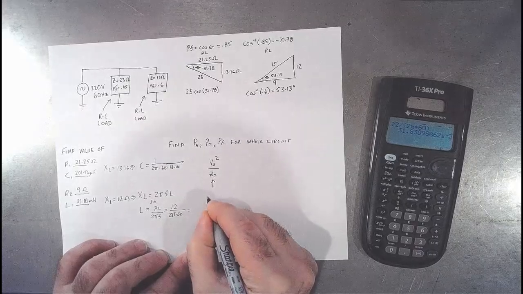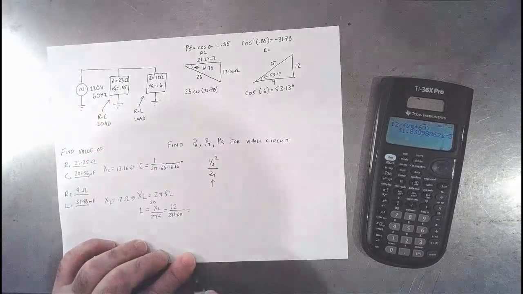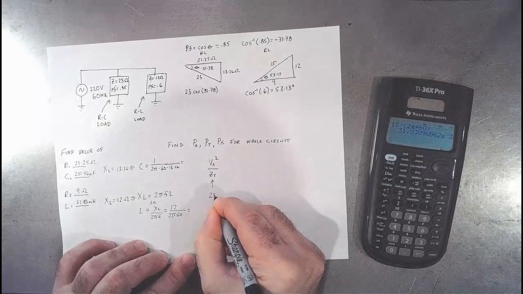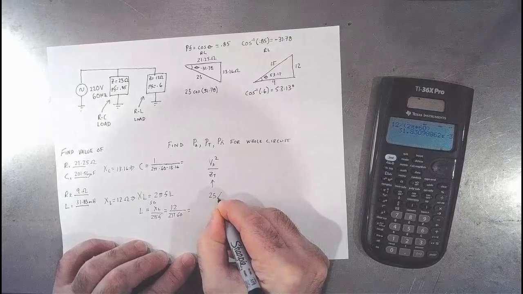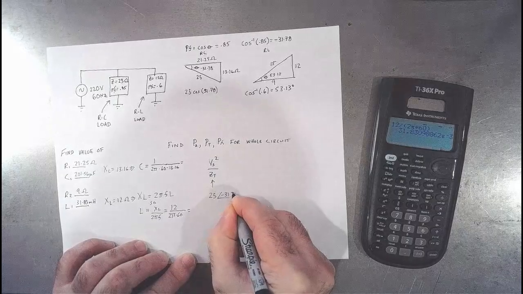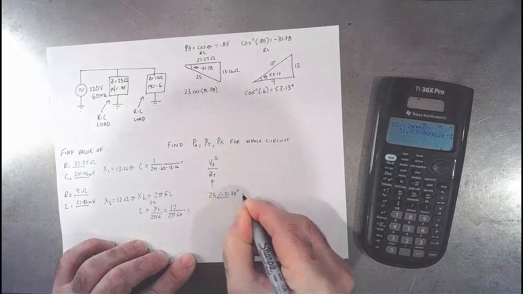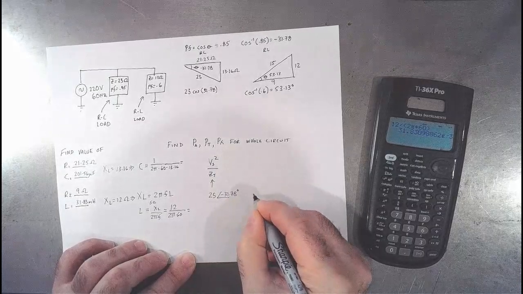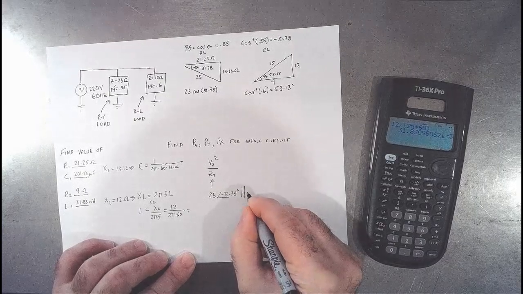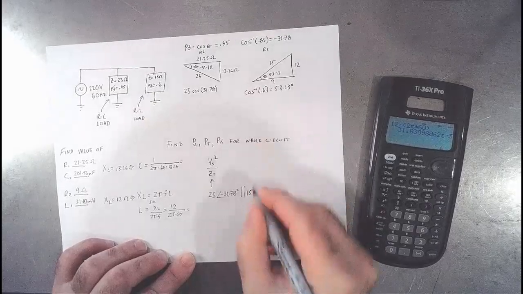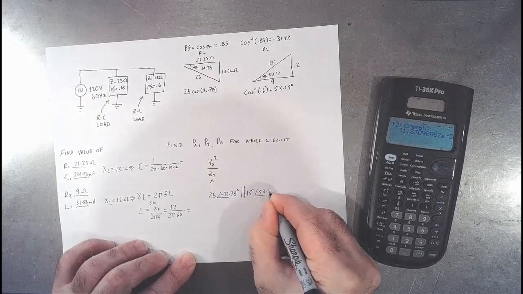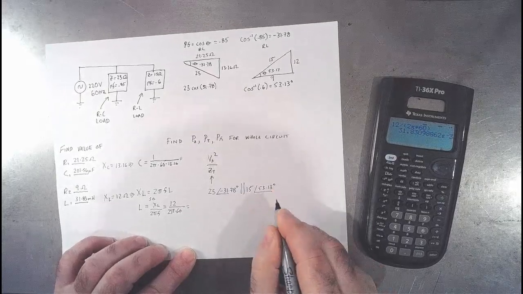Well, Z for load 1 is going to be 25 ohms at an angle of minus 31.78 degrees. And that's going to be in parallel with 15 ohms at an angle of 53.13 degrees.